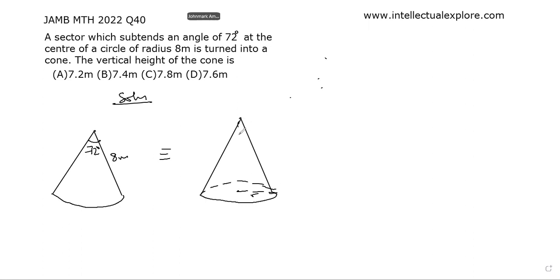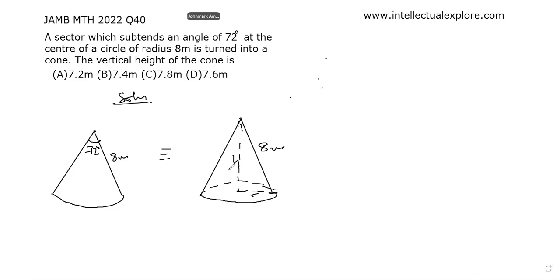And we are looking for the height, h. So I say the vertical height of the cone. This is now a cone. When you pick a sector and fold it, you turn it into a cone. So this place remains our 8 meters, and our angle is still 72 degrees. So we are being asked to find the height. How do we do that?